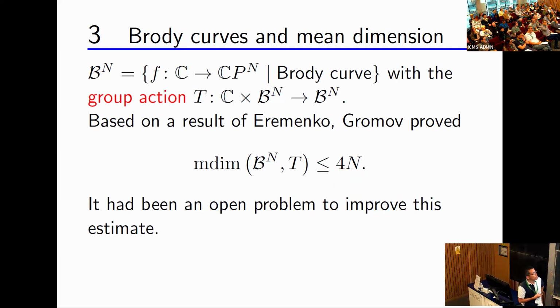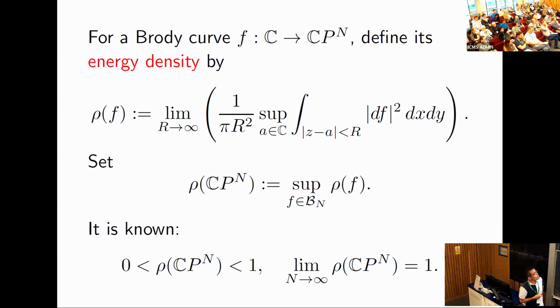I wanted to solve this problem, and so I need to introduce a new quantity called energy density. Let F be a Brody curve from C to CP^N. First we define its energy density rho F by this formula. This may look a bit complicated. A is a point in C, and we consider the so-called Dirichlet energy over the disk of radius r centered at A. We take a supremum with respect to the point A, divide by pi r squared, and take the limit.